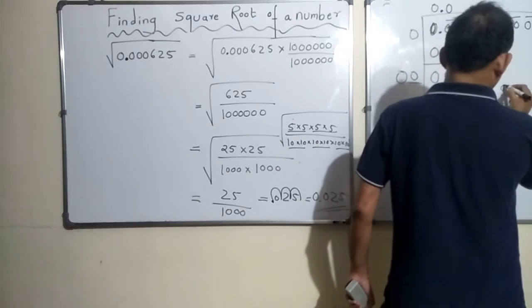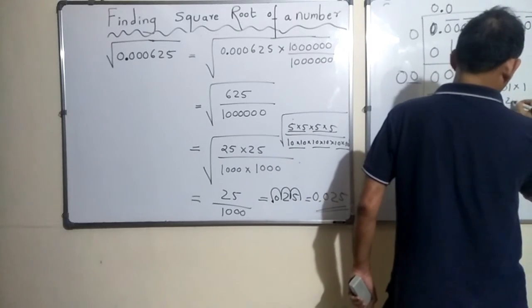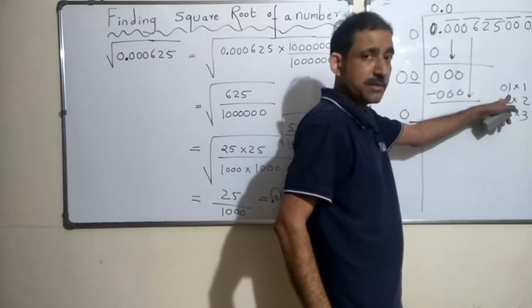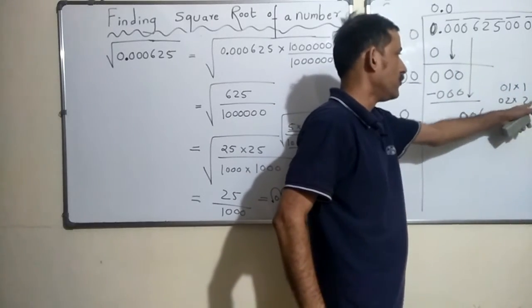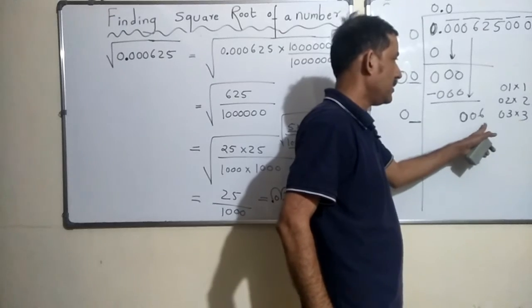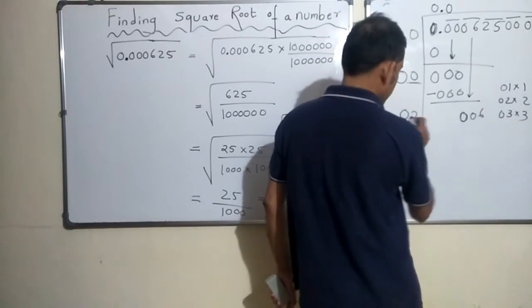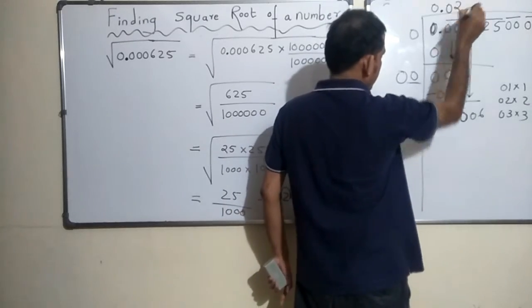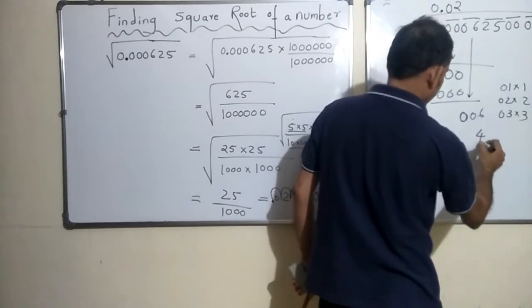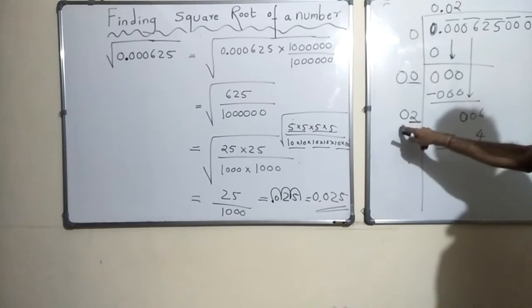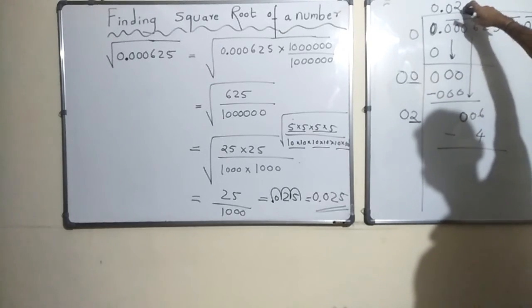So, possibilities are 0, 1 into 1 or 0, 2 into 2, 0, 3 into 3, right? 0, 1 is nothing but 1, 1 into 1, 1, 2 into 2, 4, 3 into 3, 9. 9 will be more than 6, so I will settle for 2 into 2. So I add 2 here, okay, and I add 4 here, okay. So this is fine. So 0, 2 is nothing but 2, 2 into 2, 4.